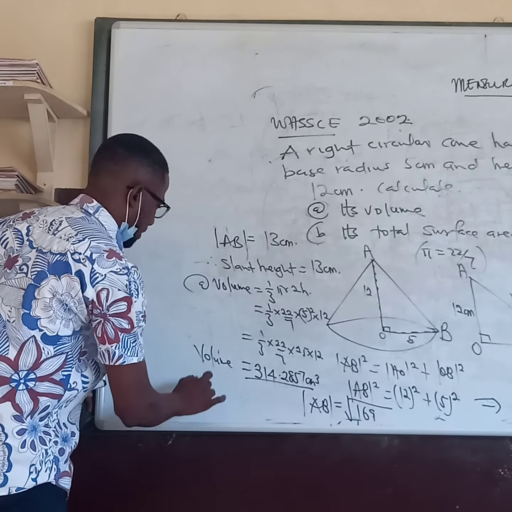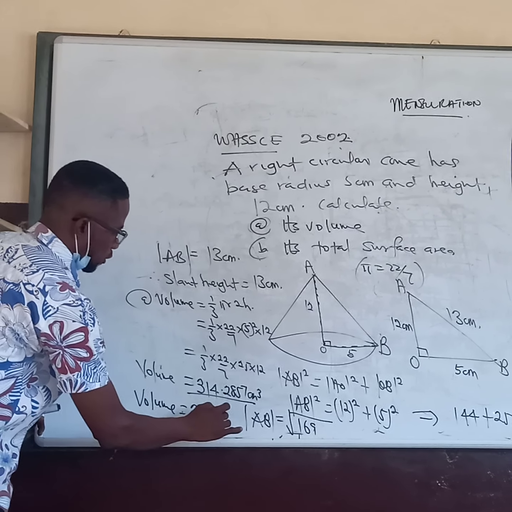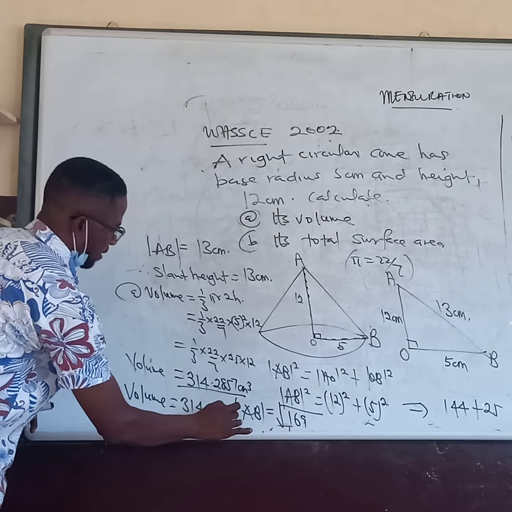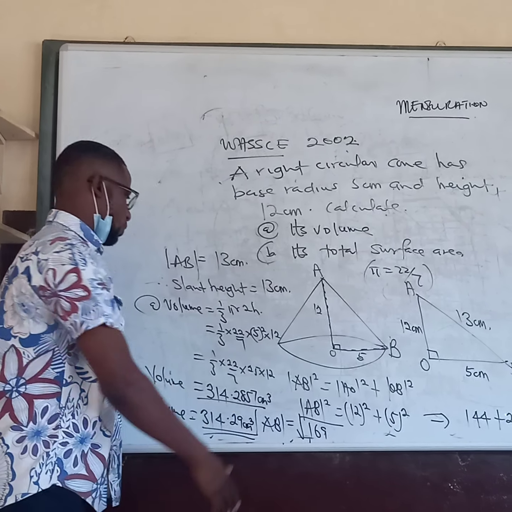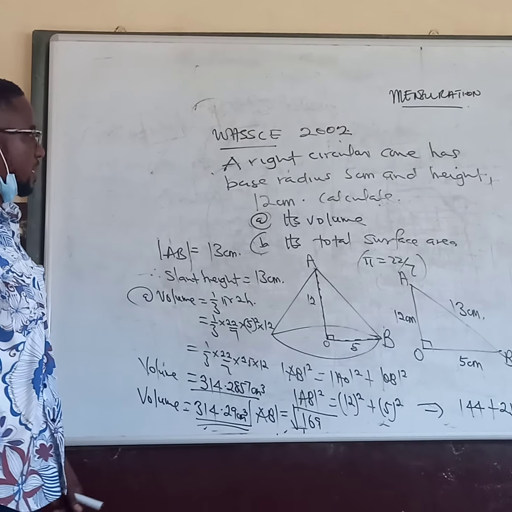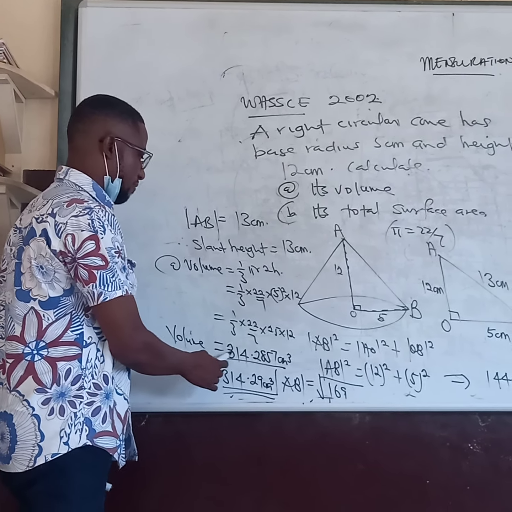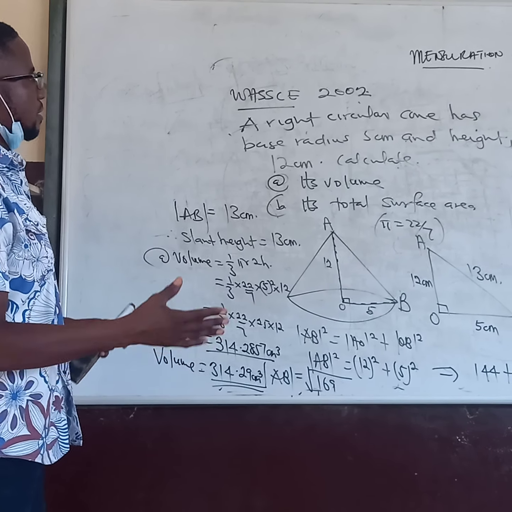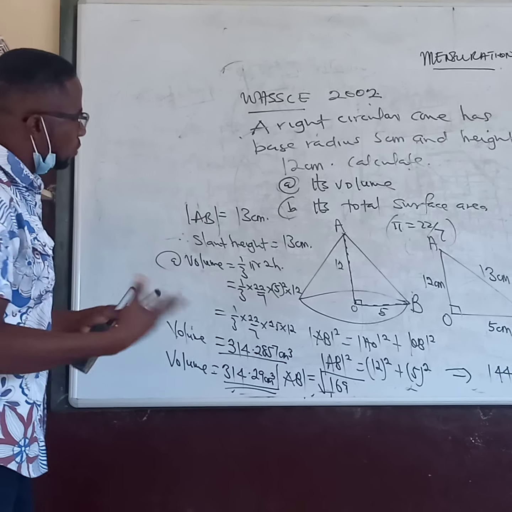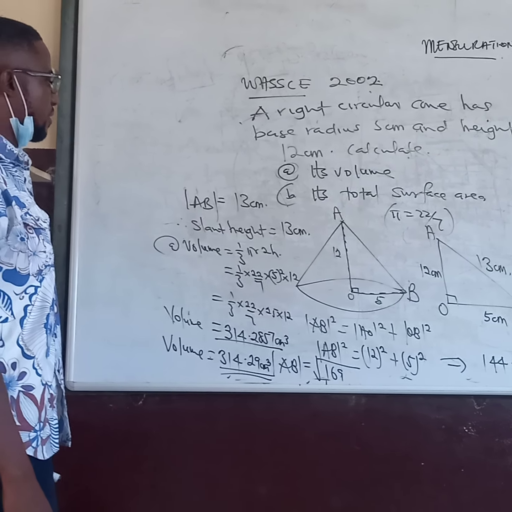So we can say that the volume is equal to 314.29 centimeters cube, approximated to 2 decimal places. If it's number of significant figures, we count first, second, third, up to seventh. But this question didn't ask us to give any definite number of decimal places or significant figures.